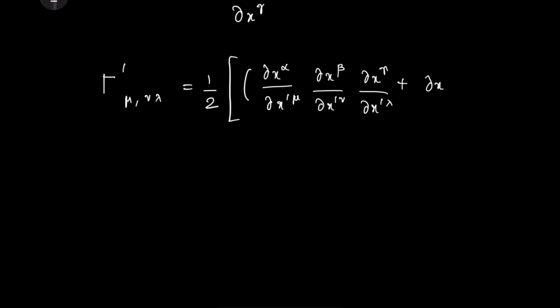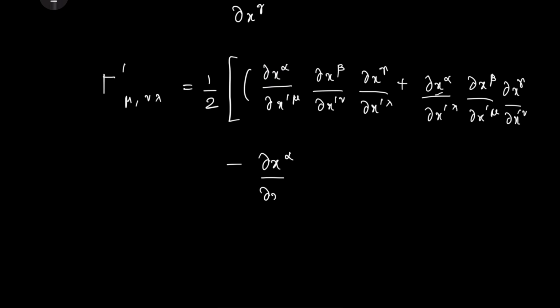partial derivative of x alpha with respect to x prime lambda, partial derivative of x beta with respect to x prime mu, then partial derivative of x gamma with respect to x prime mu, minus partial derivative of x alpha with respect to x prime mu, x beta with respect to x prime lambda, gamma with respect to x prime mu.